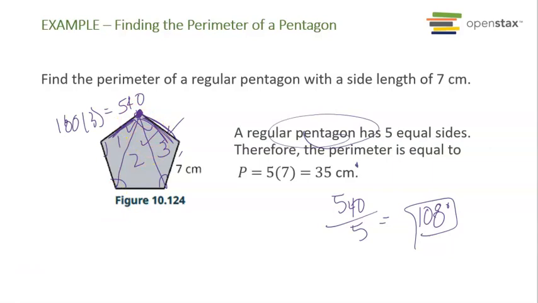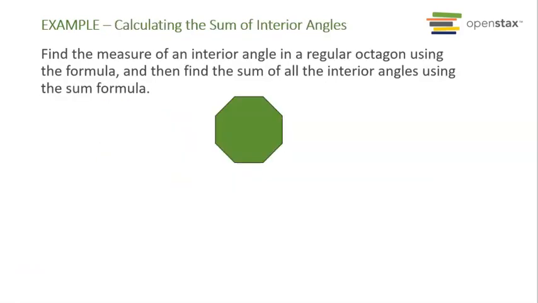Let's look at another one. I have an octagon. So 8 sides. Well, I can do it the old-fashioned way that we just looked at. Here's a point. I go 1, 2, 3, 4, 5. So 1, 2, 3, 4, 5, 6 triangles. And each triangle is 180 degrees.